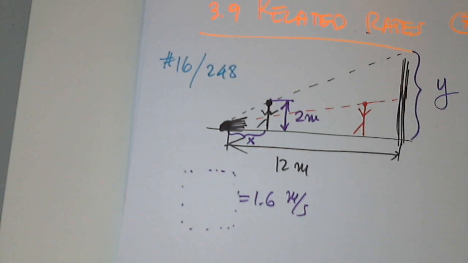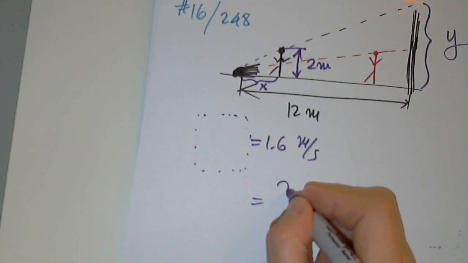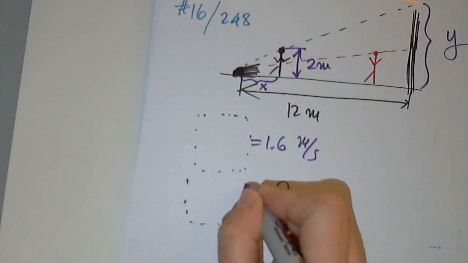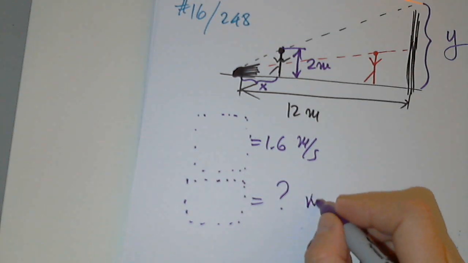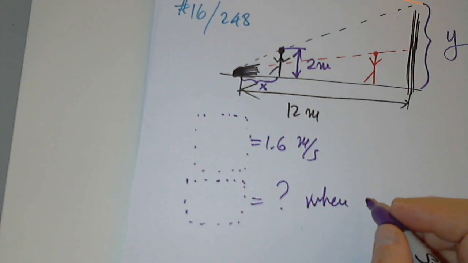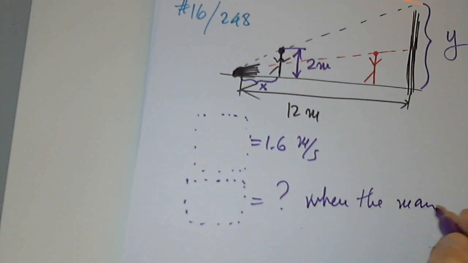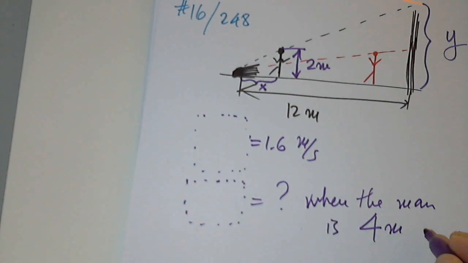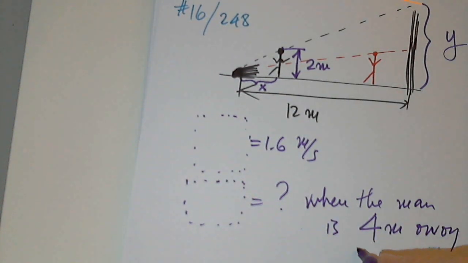How fast is the length of the shadow on the building decreasing when the man is 4 meters away from the wall?